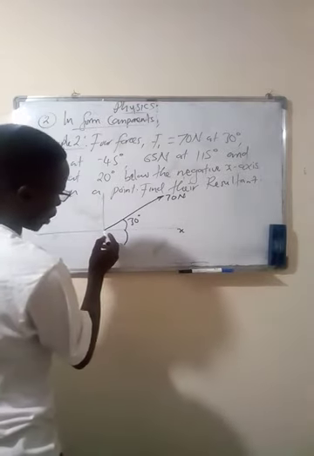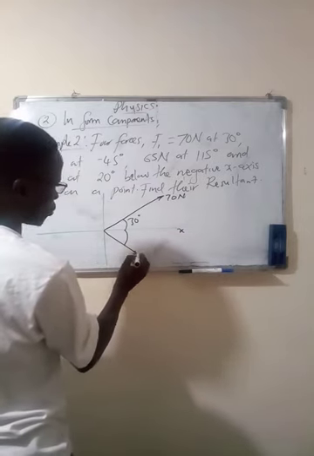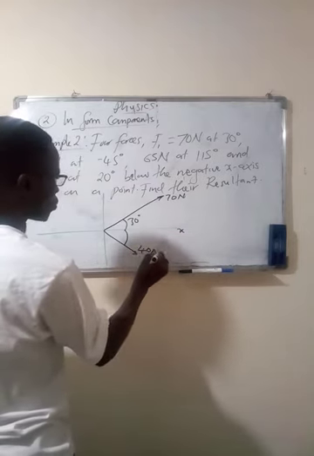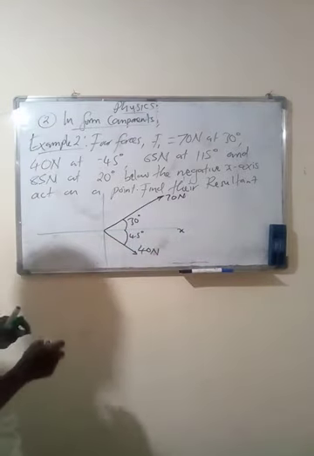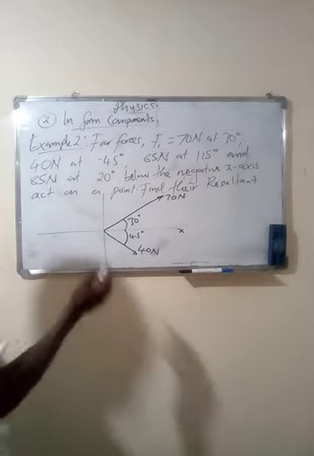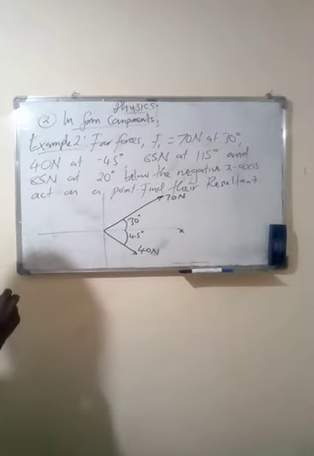If we go the other direction, in the clockwise direction from the positive x-axis, then the angle is going to be negative. So negative 45 degrees is simply an angle measured clockwise from the positive x-axis. It's going to be somewhere here, and that is 40 newtons at negative 45 degrees, or 45 degrees below the positive x-axis. It's one and the same.